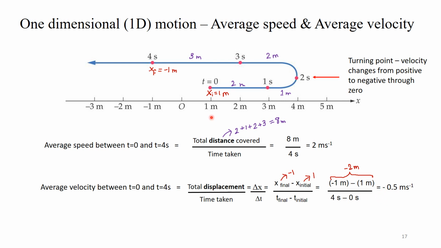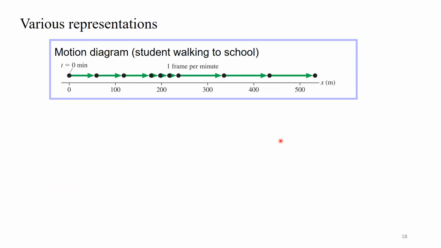You divide by the time, you get negative half. Note the negative sign here. So the velocity is negative. You can see in the picture, the object starts at +1 and then ends up at -1. So displacement was negative, so the velocity was negative. It doesn't matter that it went to the right at first. That's the average velocity between 0 and 4 seconds.